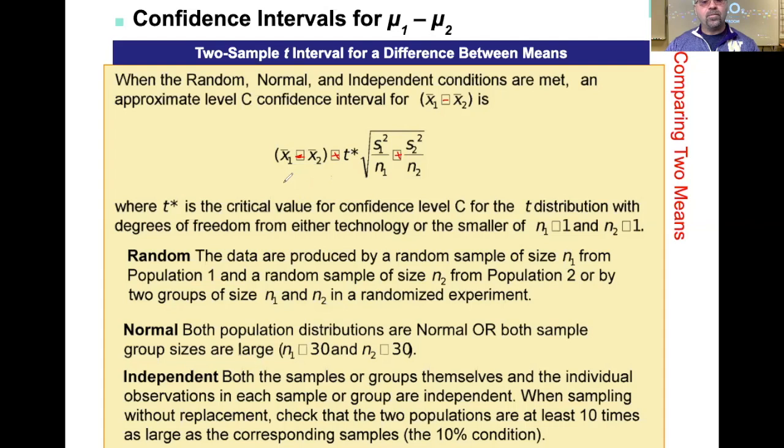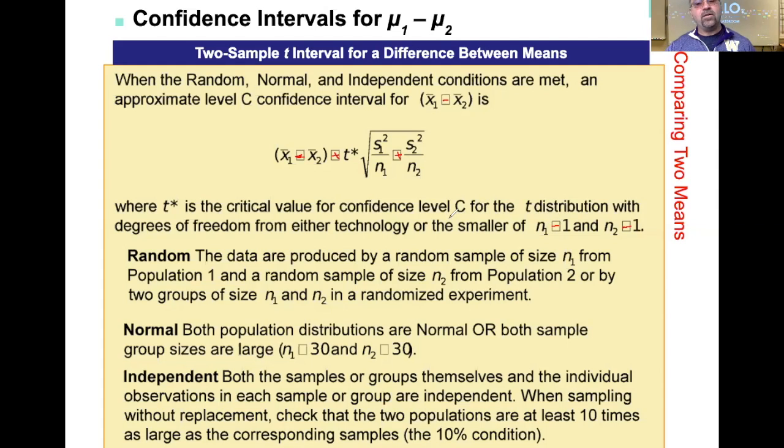But now there's 2 sample sizes, and how we come up with the degrees of freedom, it's still n minus 1. It's just whichever one is smaller. If it's n1, then you use n1 minus 1. If it's n2, you use n2 minus 1.